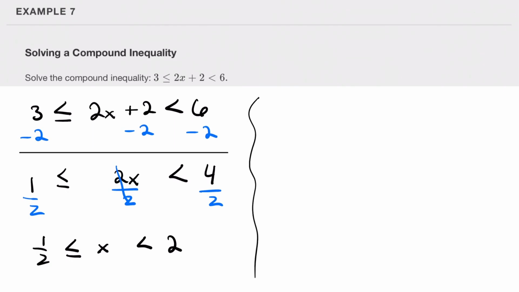So then, if we're going to write this in interval notation, let's start with the graph. Here's our 1/2. Here's our 2. Okay. X is bigger than 1/2, but less than 2. So we're pretty much talking about all the numbers from 1/2 to 2. Because the 1/2 has an equal to, has that bar, we use a square bracket.